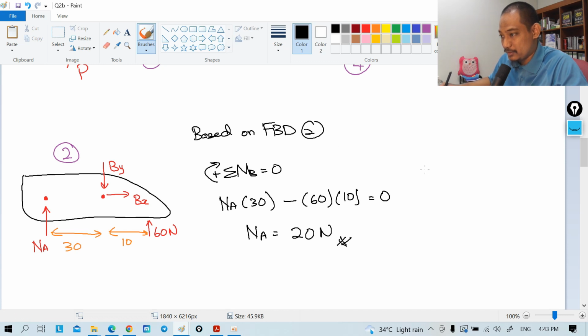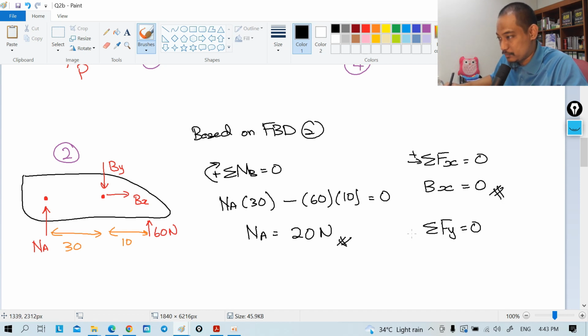Alright, so straight away, summation of Fx equal to 0, to the right, Bx equal to 0. That's another answer. Summation of Fy equal to 0, upwards. So you have NA, which is 20, minus By plus 60 equal to 0.